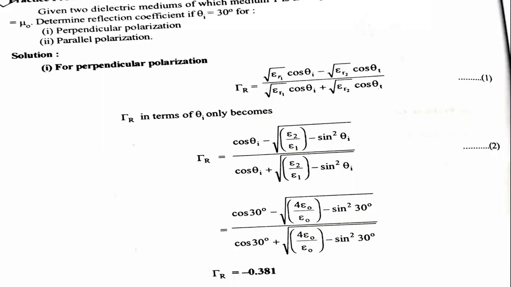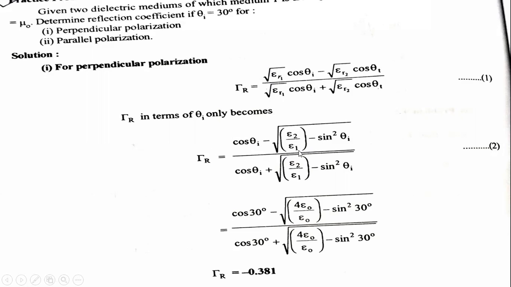So epsilon r in terms of theta only, Γr becomes equal to, what is my theta I? See here. This we can take common, and the root of cos theta I minus root of epsilon 2 divided by epsilon 1, because epsilon is for the two media 1 and 2, and you can take the ratio.